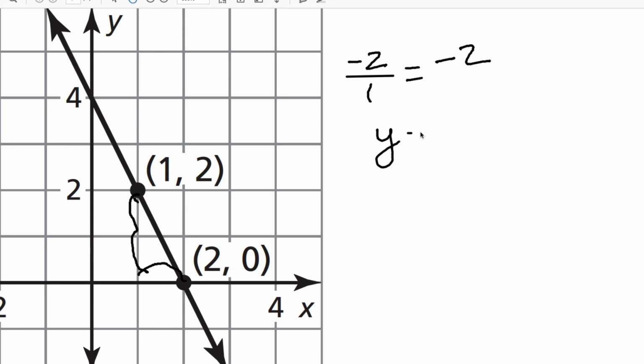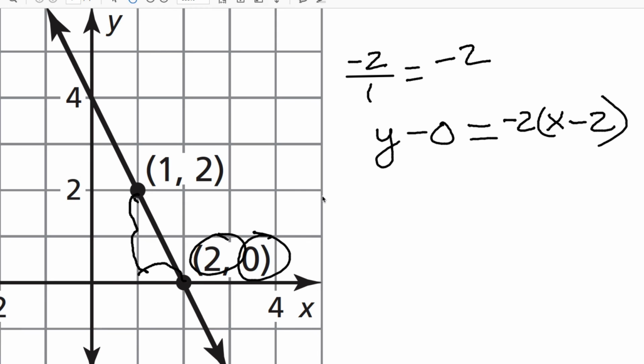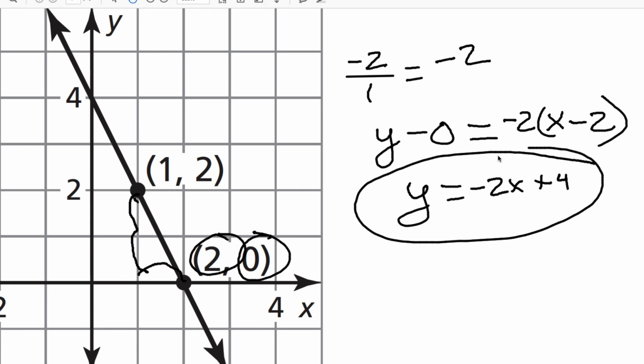So y minus 0 equals -2 times x minus 2. Now that simplifies to just y equals -2 times x is -2x. -2 times -2 is +4. And there's nothing else that needs to be simplified. So that's how you do this assignment. If you have any questions, let me know.